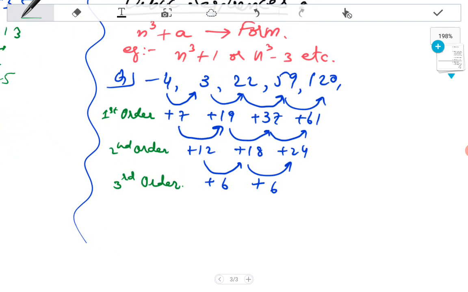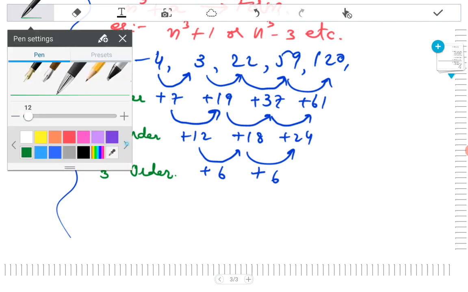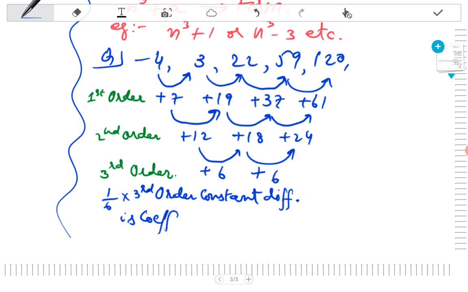And you can try one thing. I want to tell you that in the cubic case, you can try one approach: 1 by 6 of the third order constant difference is the coefficient of n cube.